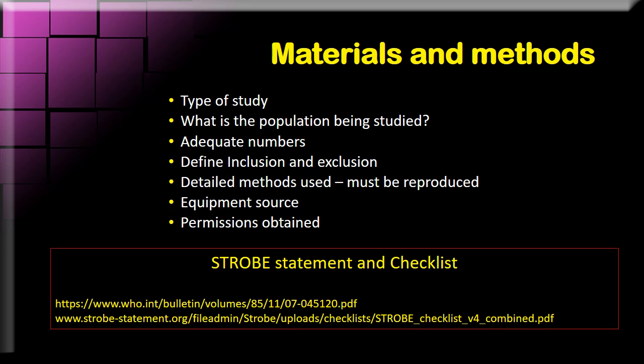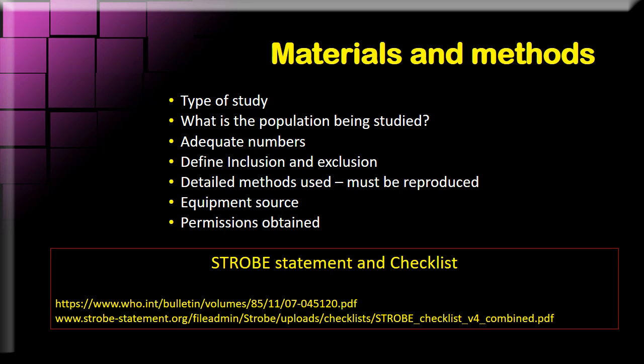Material and methods will give in detail how you're going to go about meeting the aims of the study. You have to specify the type of the study. Is it prospective, retrospective? Is it a case control study? Is it a randomized control study? What is the population being studied? What are its characteristics?